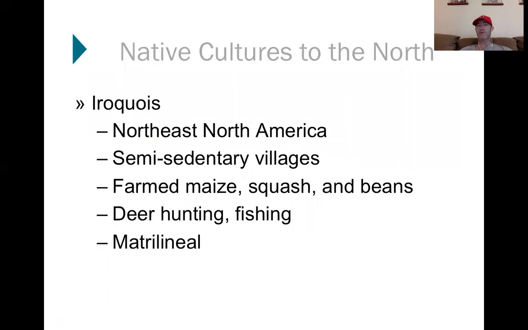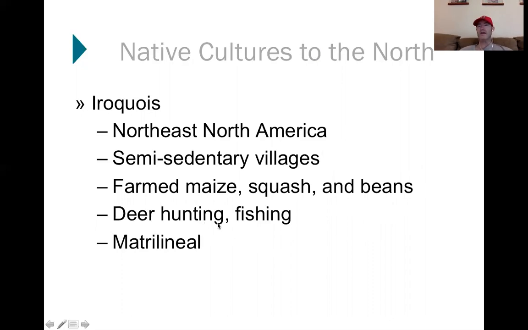Another example, if you're looking at the northeast of North America, you're looking at semi-sedentary villages. Some of them are going to be more established than others. Again, what are we noticing? We're seeing a consistency in some ways with agriculture: maize, squash, and beans. Now, the variation here is when we're looking at hunting and gathering, deer hunting and fishing.